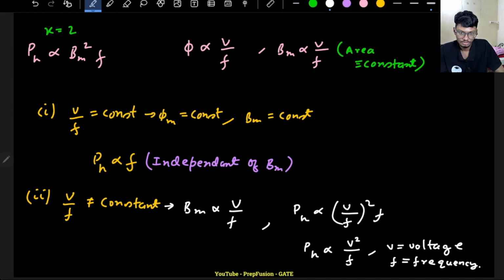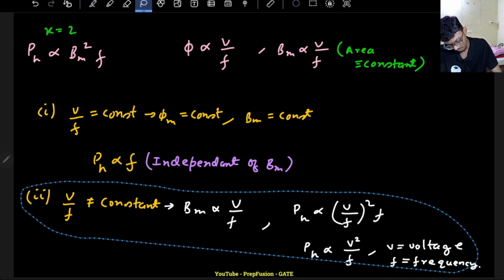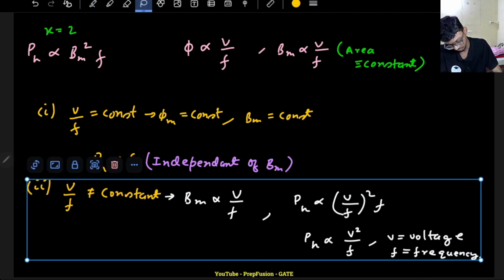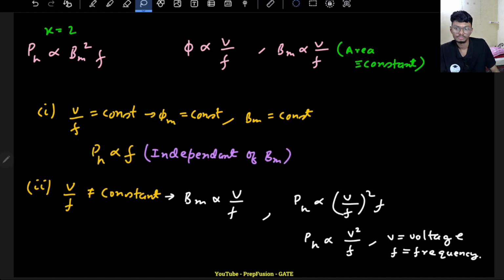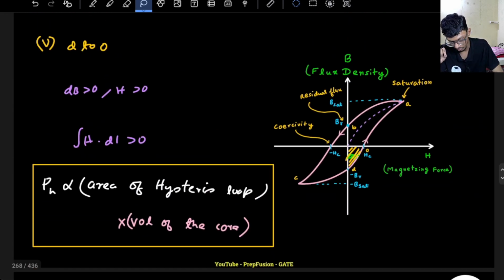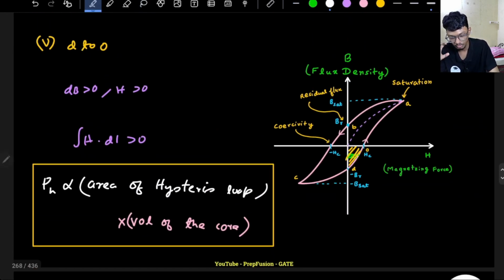So that is it. Got it? So two things are there. Hysteresis loss is proportional to the volume of the core. If the core is made thinner, then there will be less loss.